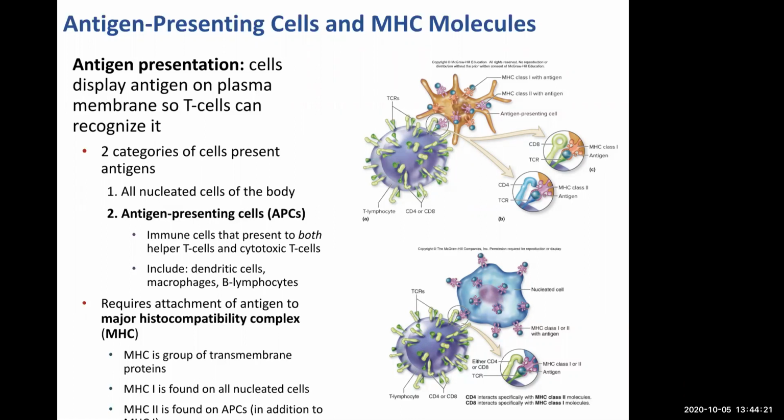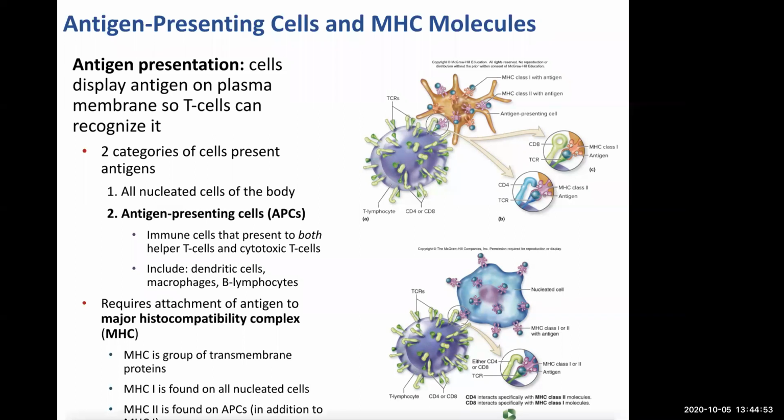So MHC1 in a normal, healthy nucleated cell is going to be displaying self-antigen, right? Self-antigen are protein fragments from within your cell that let your immune cells know that cell is you. It's what we call a native cell, okay?